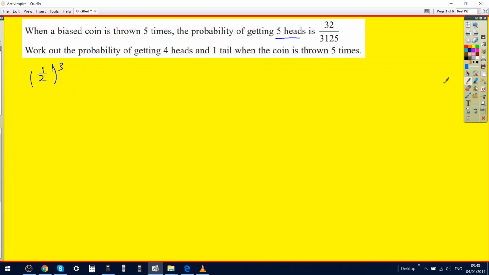So then how would you work backwards? So let's say if it wasn't a half, it was x to the power of 3, and that gave you something.